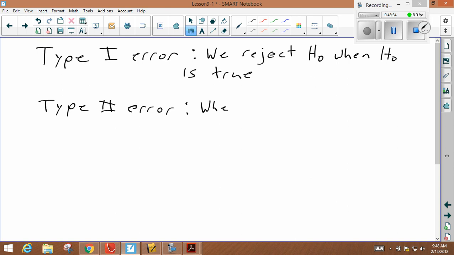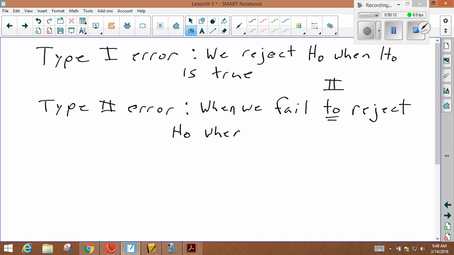A type 2 error occurs when we fail to, and this is the hint, a little way to remember this, when we fail to reject our null hypothesis when our alternative hypothesis is true.